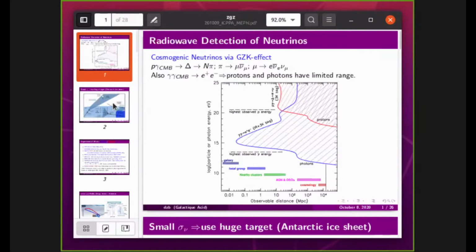So, what are the strategies for actually detecting these very ultra high energy neutrinos? We're going to use the same Cherenkov technique that Dmitry just very nicely outlined, but instead of detecting Cherenkov photons with Hamamatsu photomultiplier tubes, we're actually detecting Cherenkov photons in the radio regime.